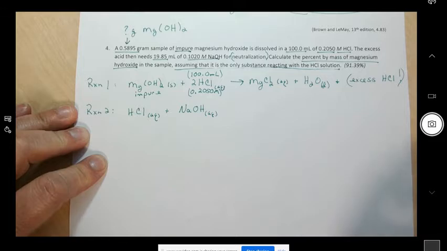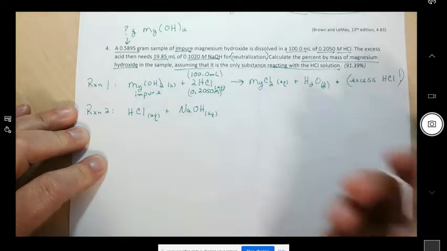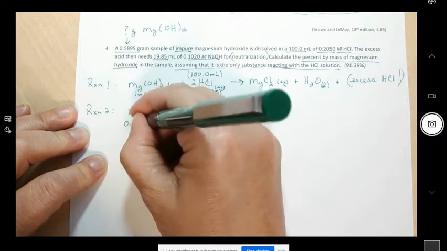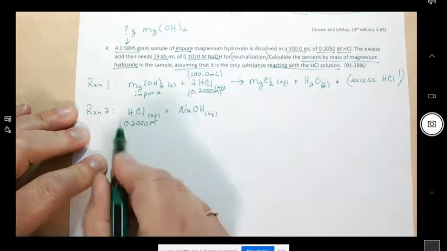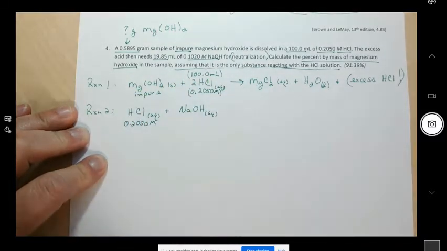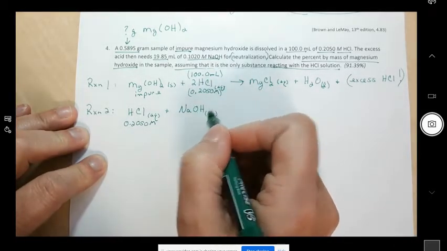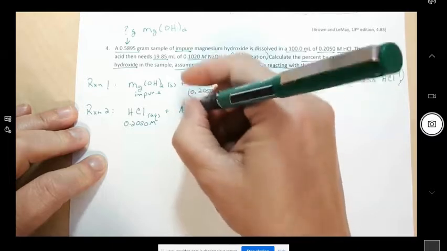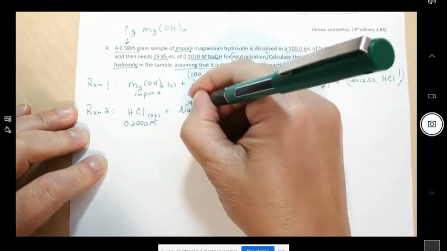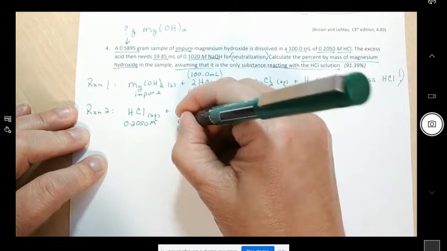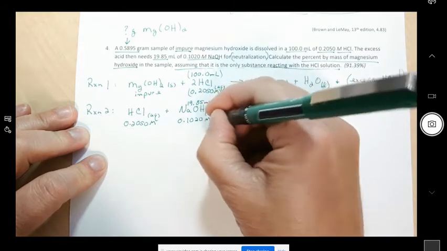Now, a couple things right here. Again, we know the concentration of the HCl was 0.2050 molar. We just don't know how many more moles of that HCl was left. We also were given some information about the sodium hydroxide. We know that we have 19.85 milliliters of this, and the concentration is 0.1020 molar.